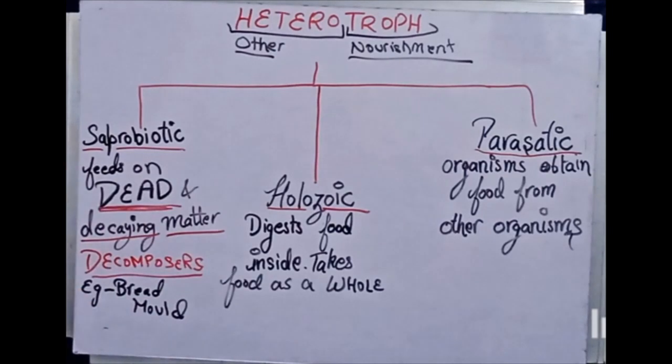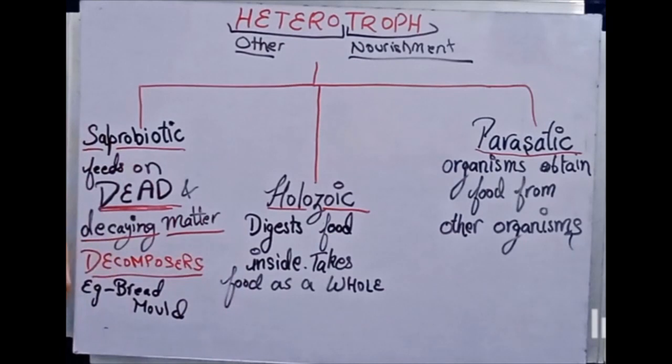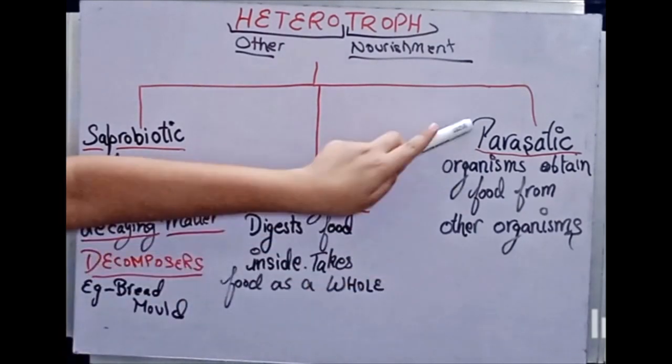After that, they will take it in, because their digestive system is not very strong. This is not given in our syllabus, but just for a little information I have told you. From the exam point of view, you only need to remember that they feed on dead and decaying matter, they are also called decomposers, and you can write the example bread mold. Before holozoic, let's talk about parasitic.